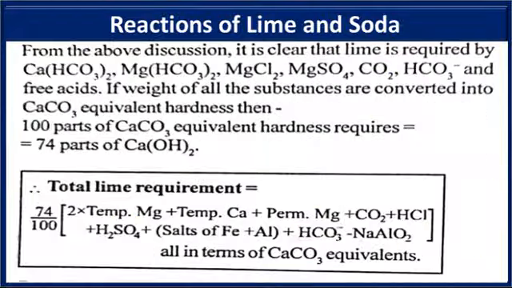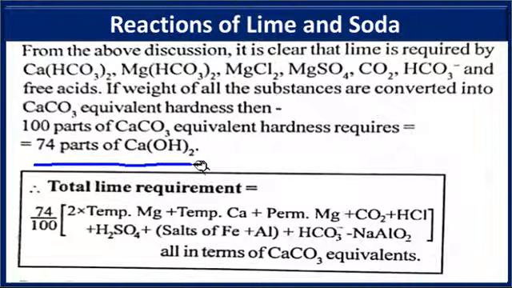So from the above discussion, it is very clear that lime is required by calcium bicarbonate, magnesium bicarbonate, magnesium chloride, magnesium sulfate, CO2, bicarbonates, and the free acids and free gases. If the weights of all the substances are converted into CaCO3 equivalent hardness, then we know that 100 parts of calcium carbonate equivalent hardness requires 74 parts of calcium hydroxide.